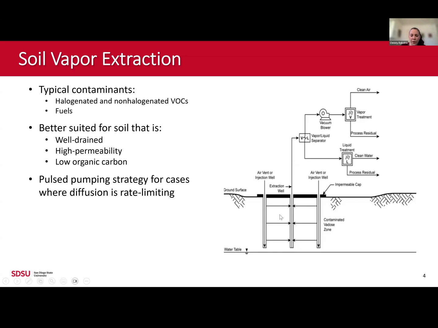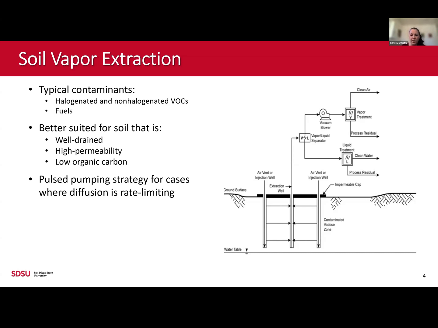So it really only works for above the water table itself, so in the soil area. And it has to be well drained so that there's not a lot of liquid in the pore space. We want it to be highly permeable so that we can have a lot of gas transfer going through the soil. And typically low organic carbon.